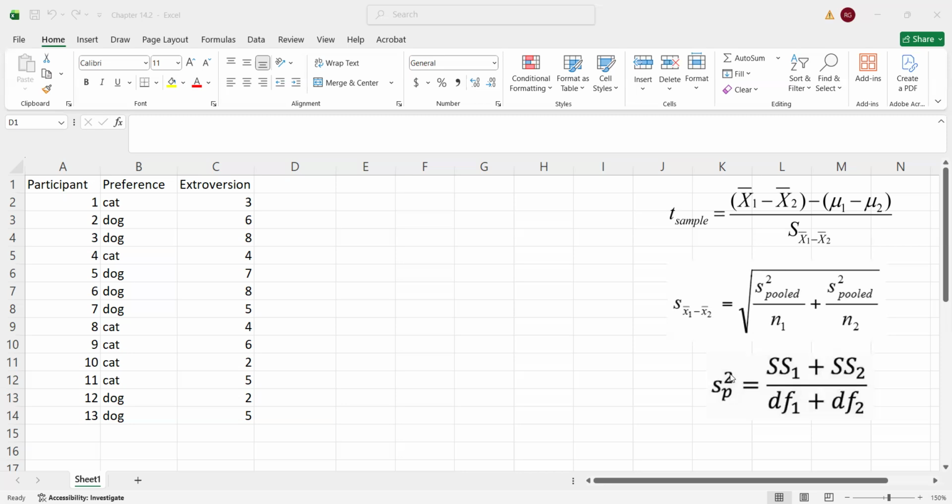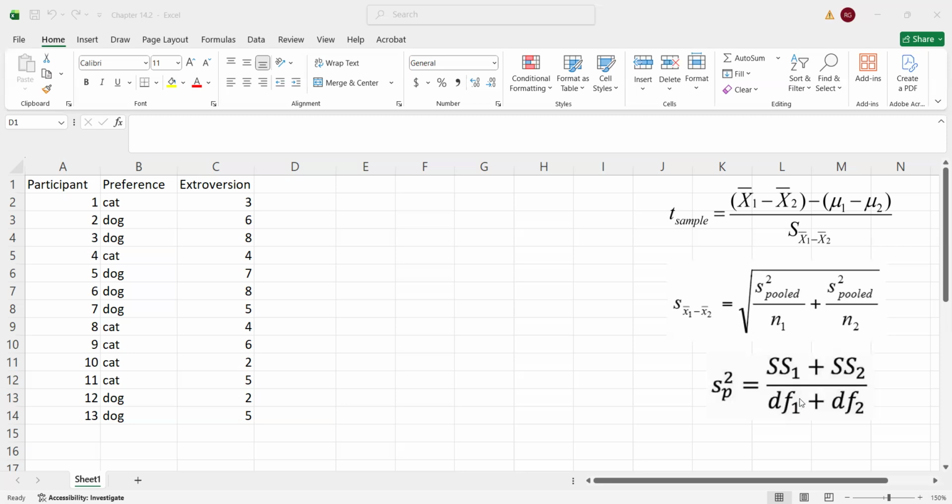This s squared subscript p, that is the pooled variance, because remember, variance is the standard deviation squared. So this is the pooled variance, and it equals the sums of squares for the first group plus the sums of squares for the second group, divided by the degrees of freedom of the first group plus the degrees of freedom for the second group. Now, this is important. Each group has a degrees of freedom of n minus 1 in this test.